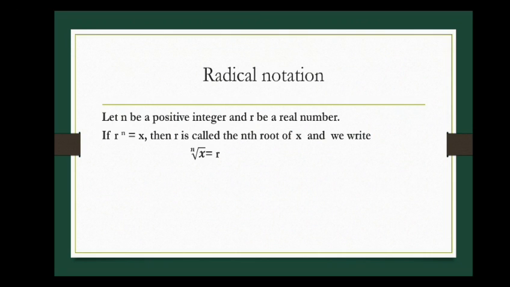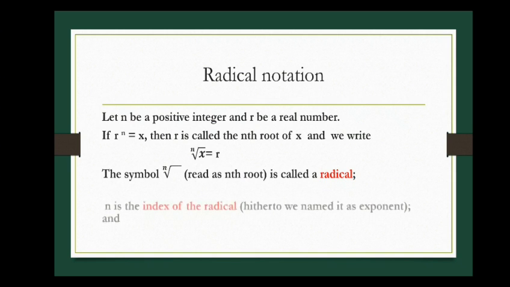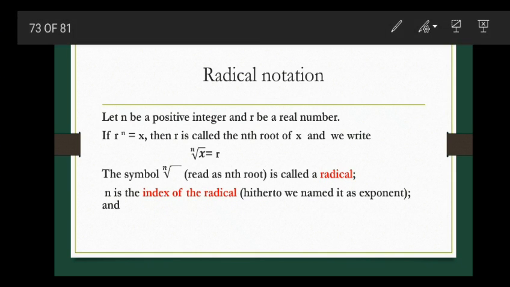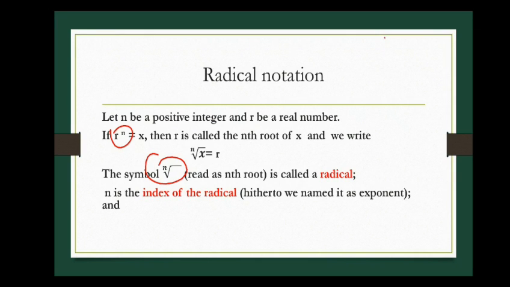Here the symbol which is read as nth root is called radical, and n is the index of the radical. Here it is power of r, but in this notation we'll call n as index of the radical, and x is called radicand. This notation is called radical notation of nth root of x.